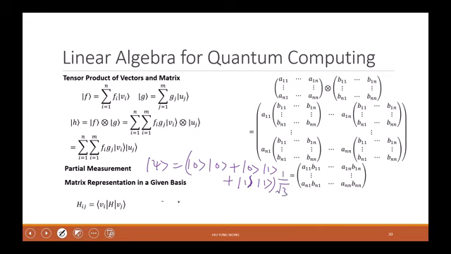Once I measure, maybe it collapsed to 0, then I only have 00 and 01 left, right? Because it will only collapse to the system states that contain the first qubit state it collapsed to, right? And if I normalize it, what should it be? 1 over square root 2, right? Okay, good.